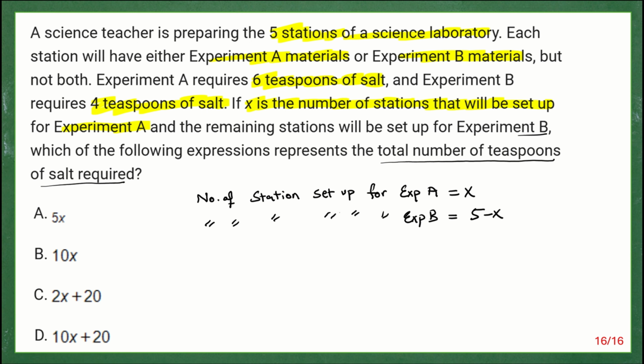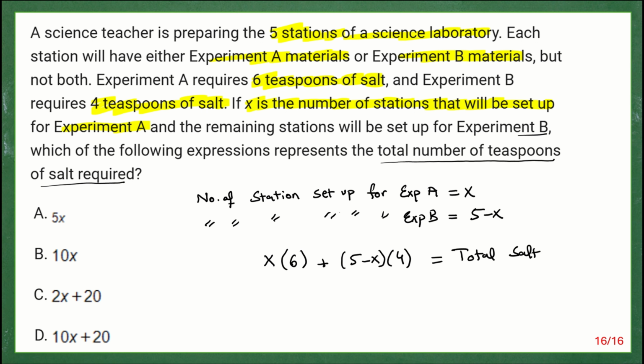So if we add all the salt that is required for the experiments, what will be that total number? Now we can write the linear expression. I know for experiment A, I will need 6 teaspoons of salt, so x times 6. And for experiment B, I will need 4 teaspoons, so I have 5 minus x times 4, and that will be the total salt I will need here.